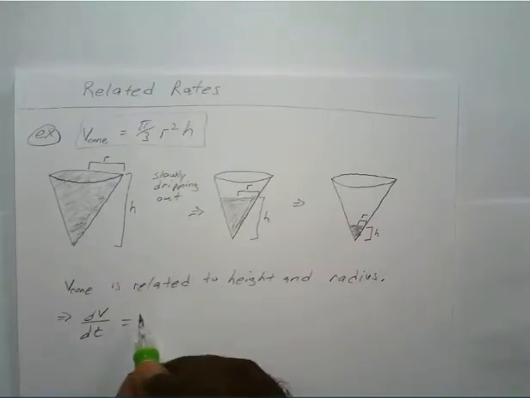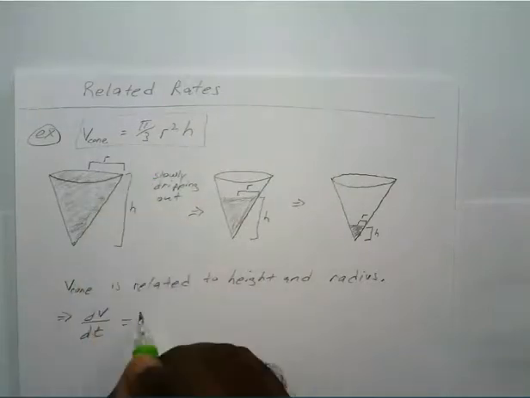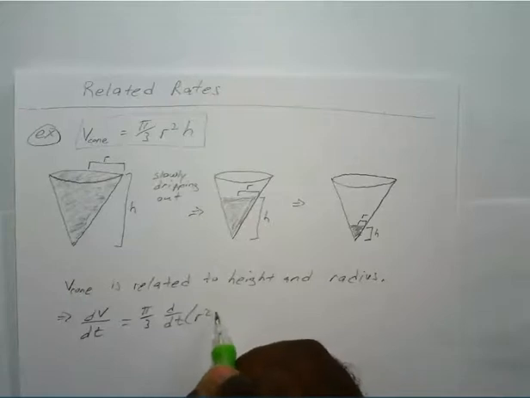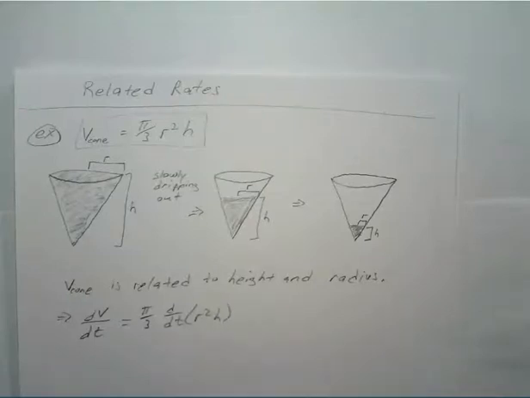We're going to factor out the pi over 3, just put that out front since it's a constant, times the derivative with respect to time of the radius squared and the height. Okay, so this way all we have to do, using the chain rule, is find that derivative, which won't be too bad.